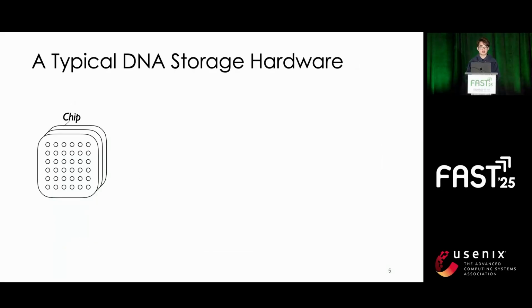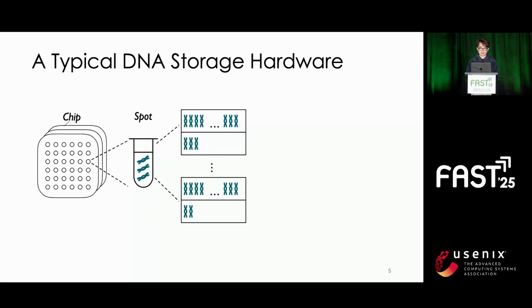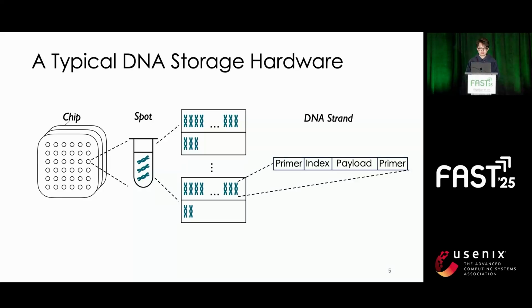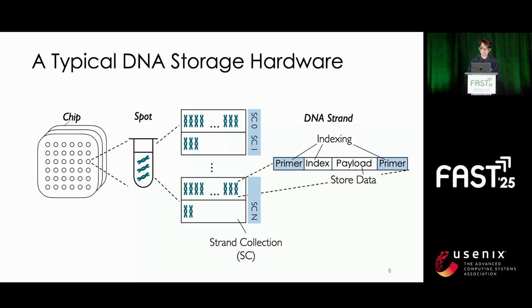DNA storage hardware consists of multiple chips, where each chip is a spot matrix. A spot is a test tube in which a large number of DNA strands are stored. The DNA strand is divided into 4 parts: the primer at the beginning and the end, and the index and the payload. We use the payload area to store data, and use the primer and the index to index the strand.